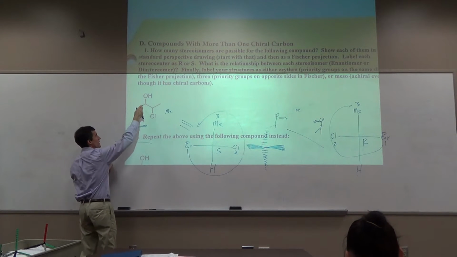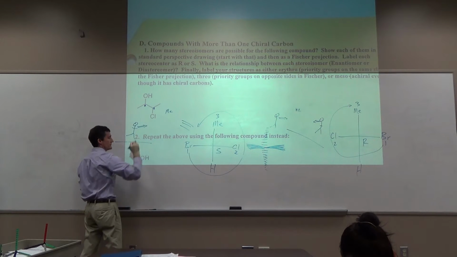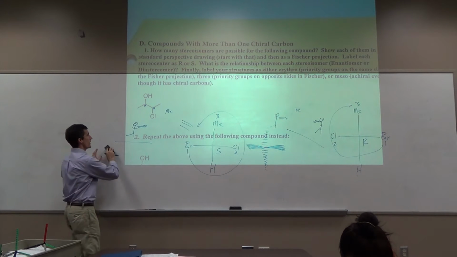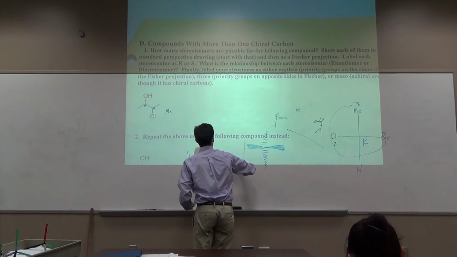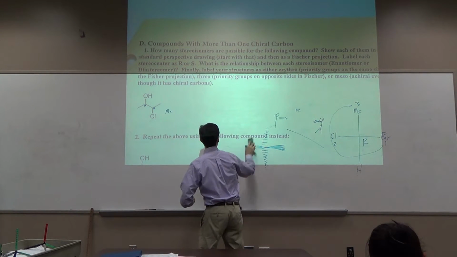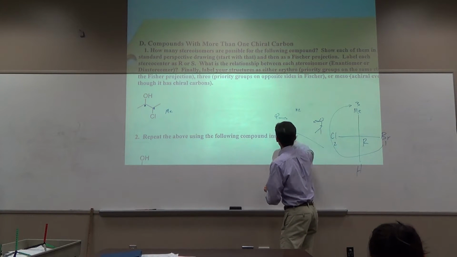First off, how many chiral carbons? 2. Yeah, that's chiral. It's got 4 different things attached. 2 chiral carbons. So that's step 1 you have to know. So how many stereoisomers? Awesome.